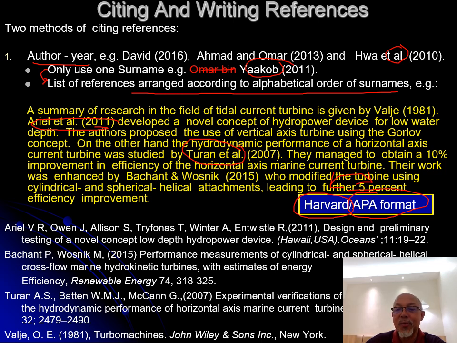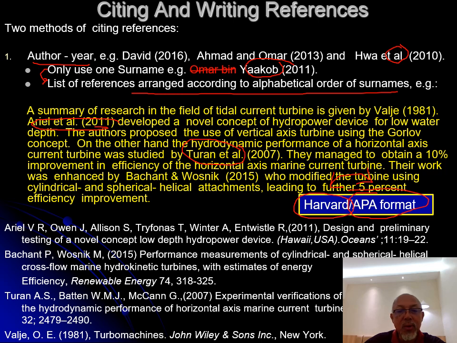So if you choose to use Harvard, then you just continue with Harvard. Both are author year, but there are some minor differences between them that you also have to be aware of. For example, the way references are written in the list of references is slightly different, and also some other things.